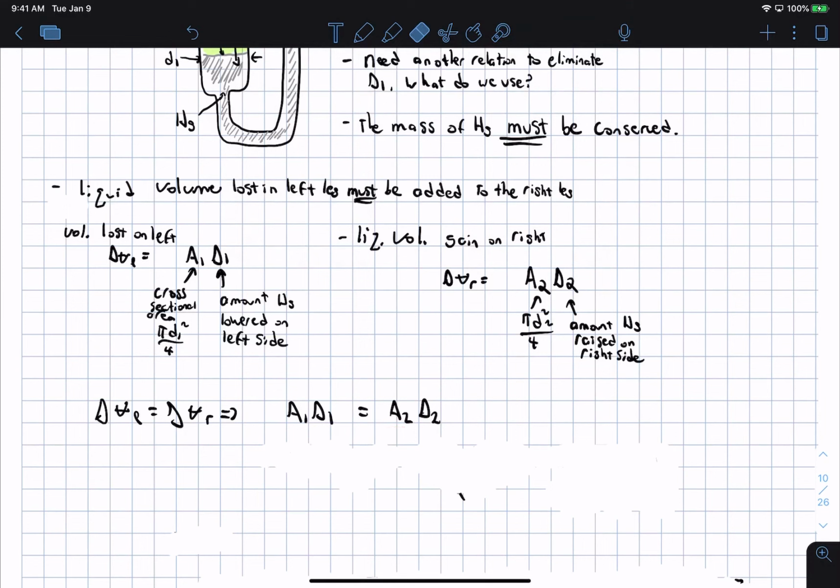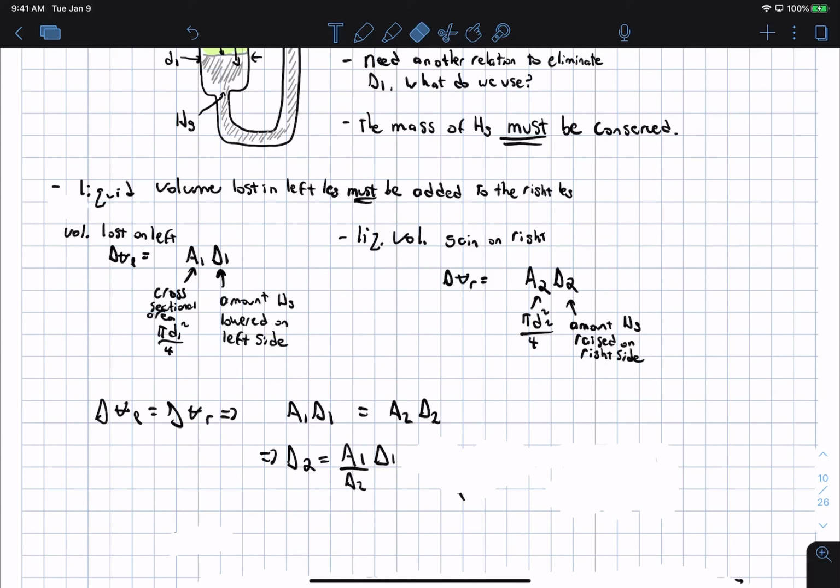I substitute in what we know, and I know that basically delta 2, or the rise of the fluid on the right side, is equal to this expression here, just the ratio of the cross-sectional areas times delta 1.